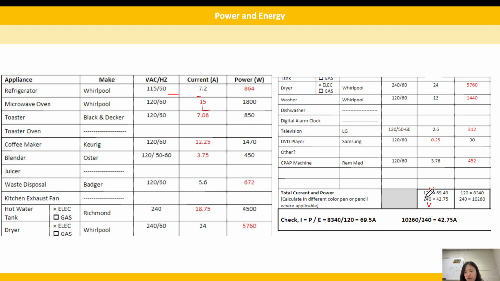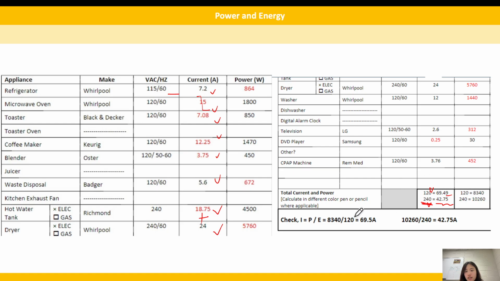For example, for the 240 V, you can see that's one and that's one. So just add 80.75 and 24 to calculate the total current for the appliances with 240, and the others like that, add them to calculate the total current for the appliances with 120 V. Okay, and the same for the power.